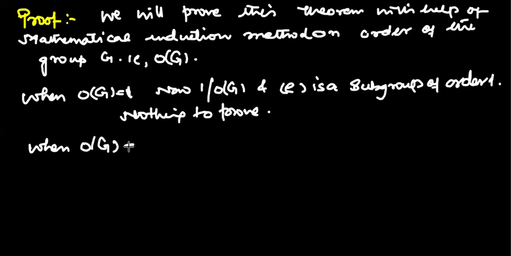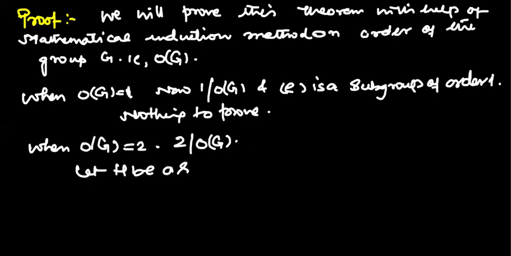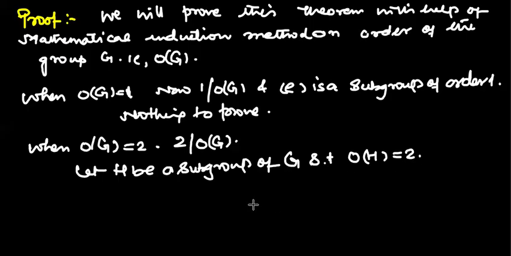When the order of G is equal to 2, then what happens? Then obviously 2 divides the order of G. Let H be a subgroup of G so that the order of H is equal to 2.